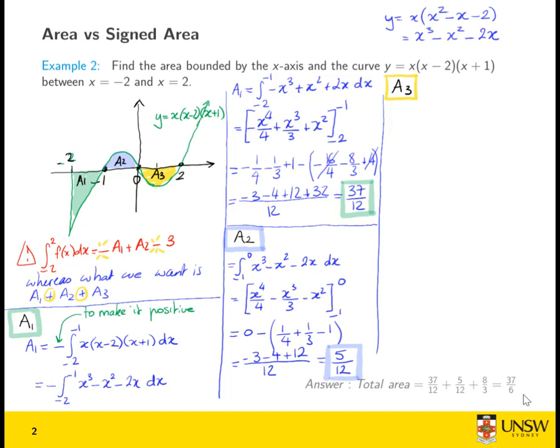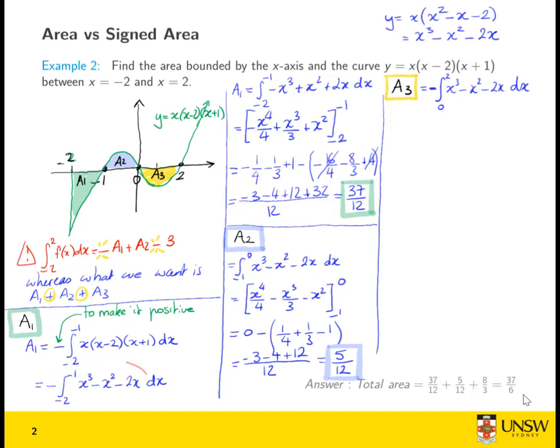Let's now calculate A3. The area we want is below the x-axis. So what the integral will calculate is not the area, it's its opposite. We're going to get something negative. So what we're going to do to fix this, exactly like for A1, we're going to put a negative sign in front of it. From there, it will be really similar to A1.